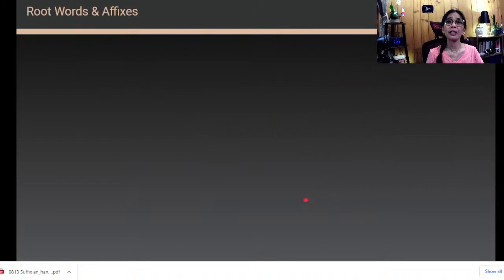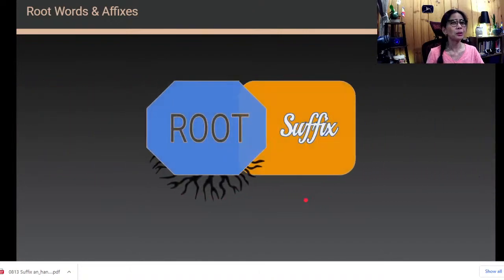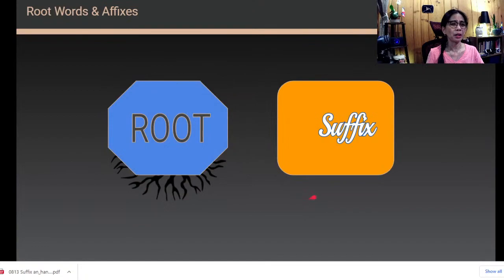And with the root word, we want to find out if a certain suffix or certain affix will work together with the root word. So first we have the root word and we have the suffix this time. Our focus for today's episode is the suffix an or han.